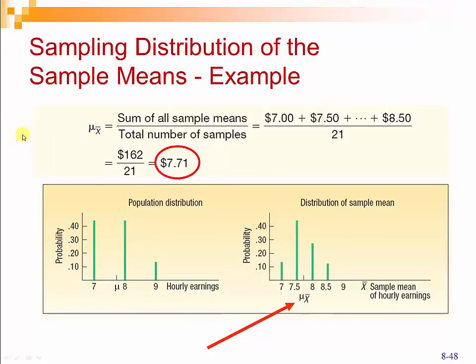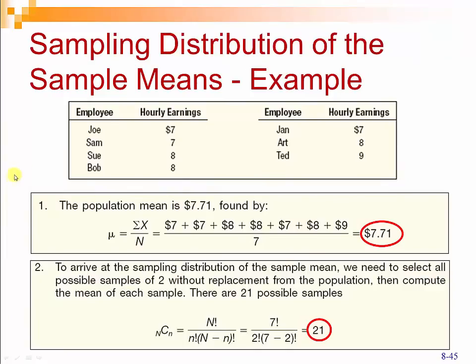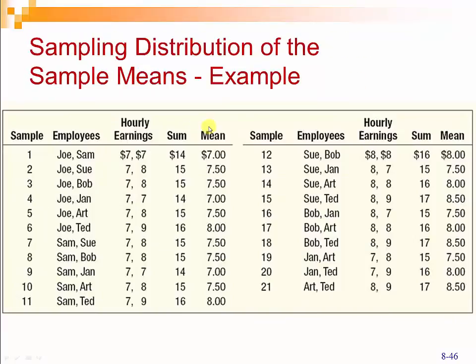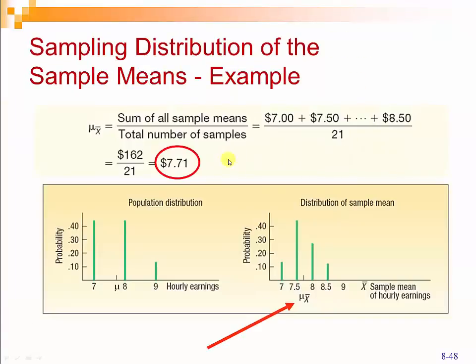Notice it's the same as the population mean we found 3 slides earlier, $7.71. So we took the mean of the entire population of 7 employees' salaries. And then we went and built the sampling distribution of the sample means. And we took the mean of all of the sample means, and that's, again, the mu sub x bar.